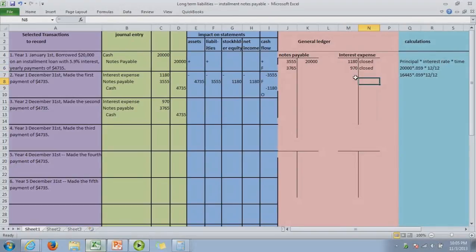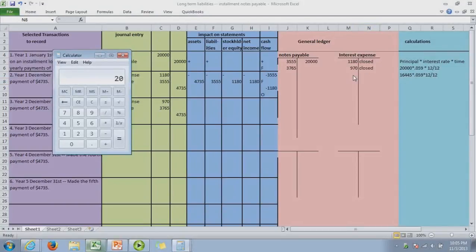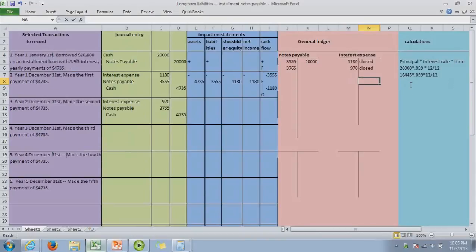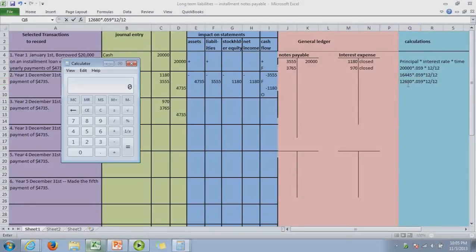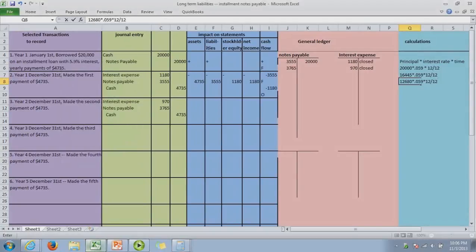So what is our principal amount now? $20,000 less the first year, less the second year. Looks like 12,680. So 12,680 times 0.059. And we'll do our math. So you can see there's a pattern here. We kind of see the same thing each time.